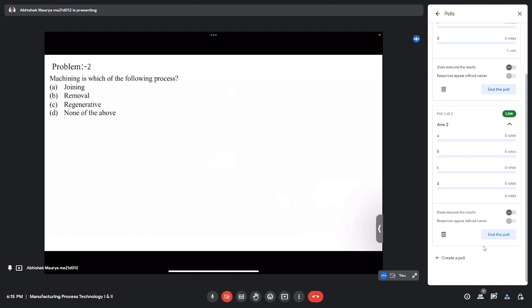You can find option A, B, C. You can choose your answer there. Any of you who didn't find the polling option, you can give your vote in the polling section. Yes, I have got two responses. Others who are finding difficulty can unmute and ask. I can help.